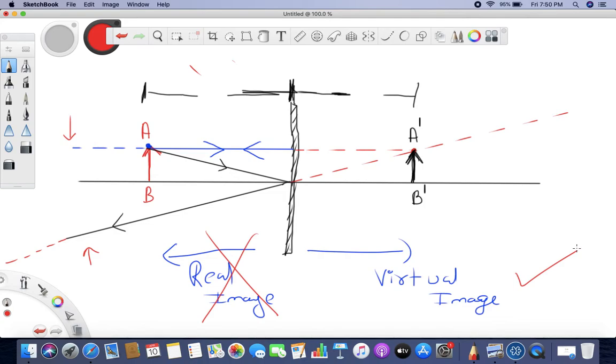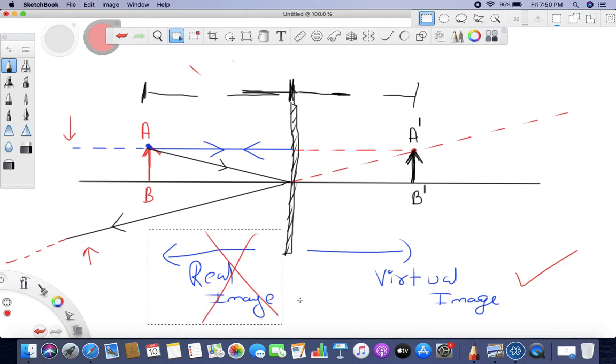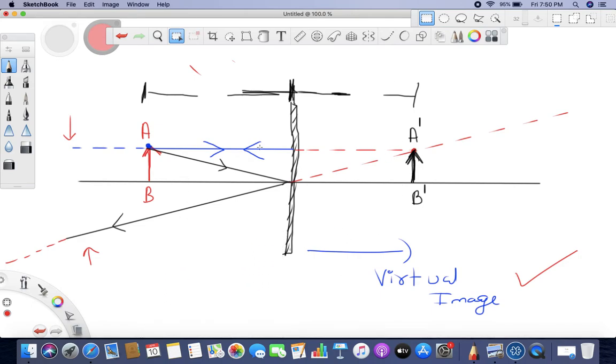So as you can see, your image is formed here behind the mirror, and that's why it is not a real image, it is a virtual image. Okay, so this is a virtual image. Now, there are two points which we have to notice. First, the size remains the same.